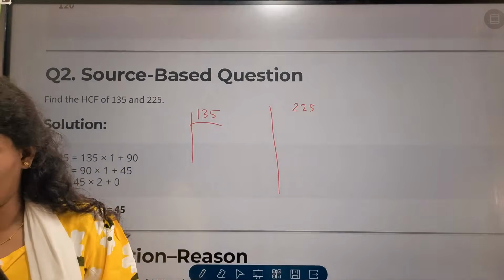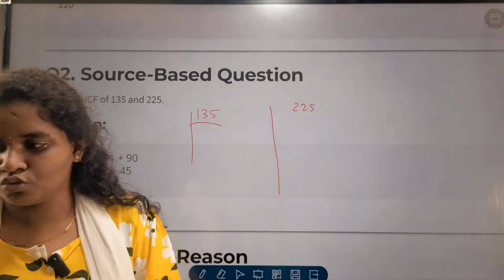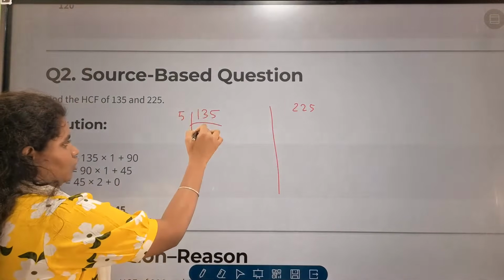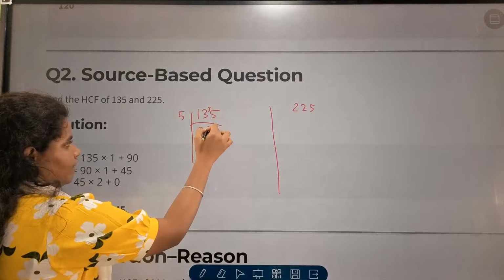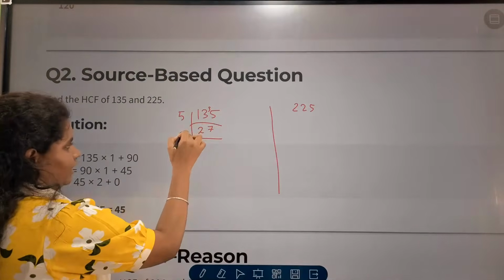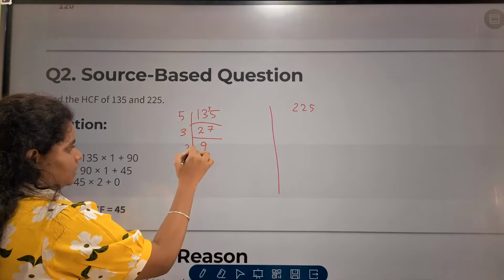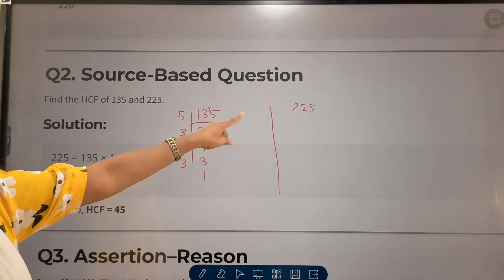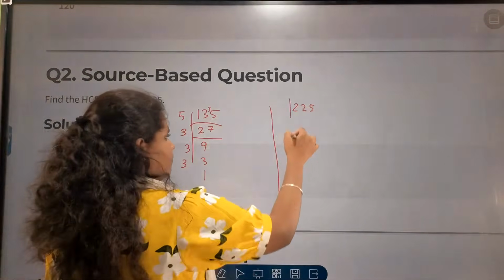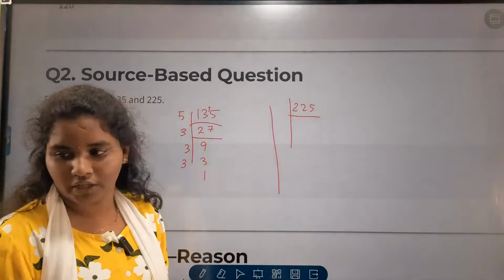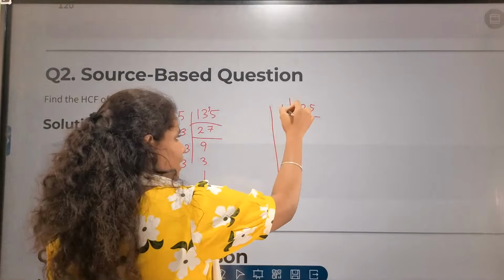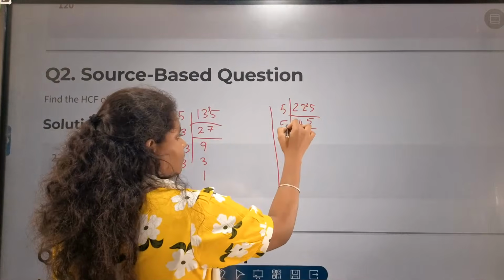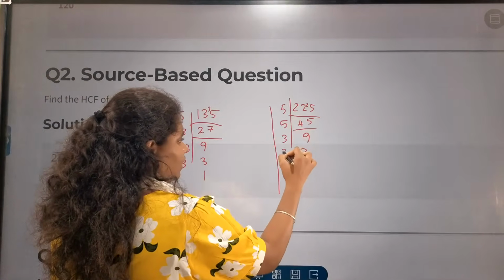If I take prime factorization, we have to choose only prime numbers. So 5 2 times 10, 5 7 times 35, and 3 9 times, 3 3 times, 3 1 time. And what about 225? Prime factorization of 225: 5 4 times 20, 5 5 times 25, 5 5 times, 3 3 times, 3 1 time.